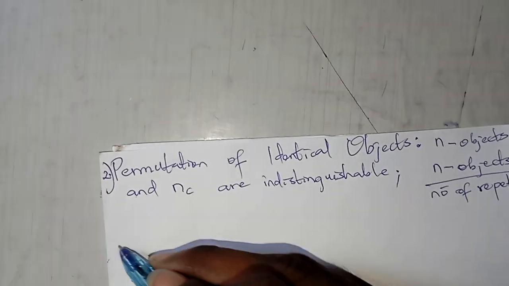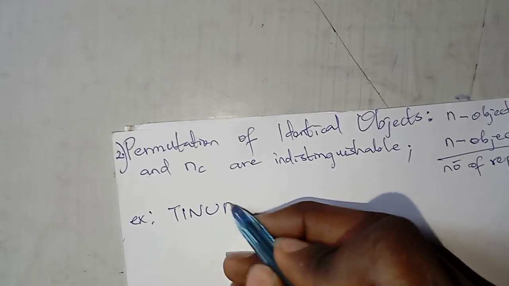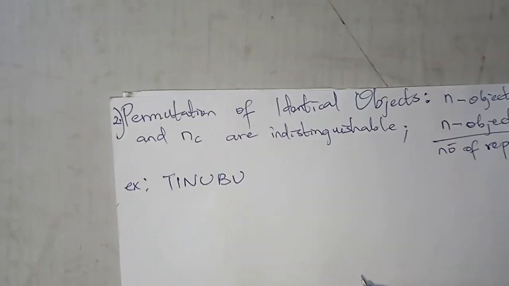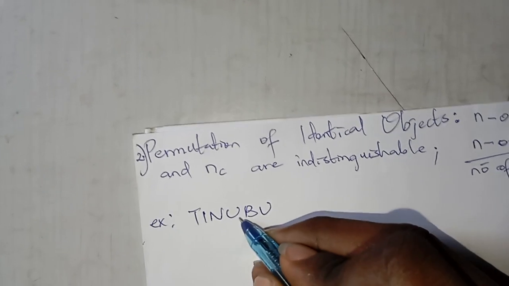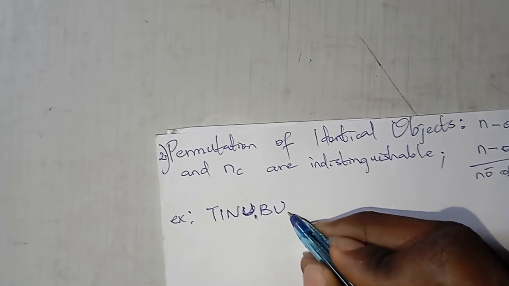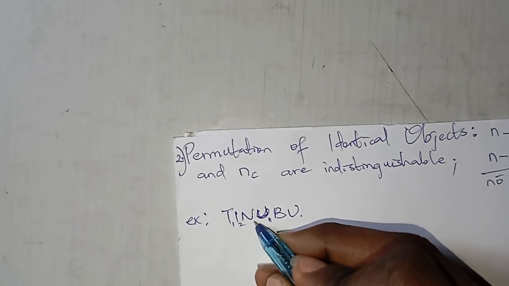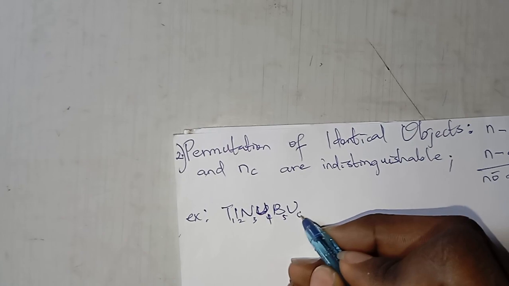Say for example, let's say I have Tinubu. In this word Tinubu, I will notice that this U and this U, they're repeated. If I check the position, this is 1, 2, 3, 4, 5, 6.